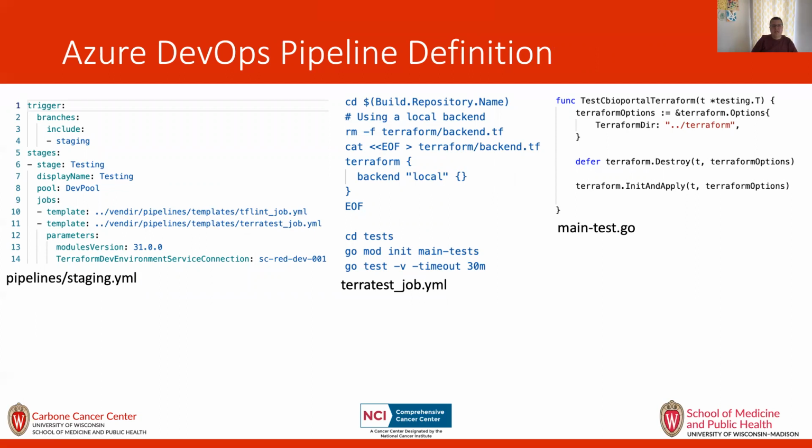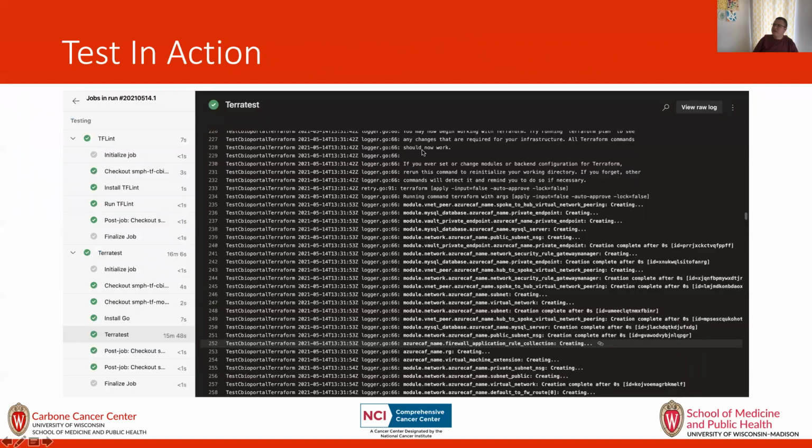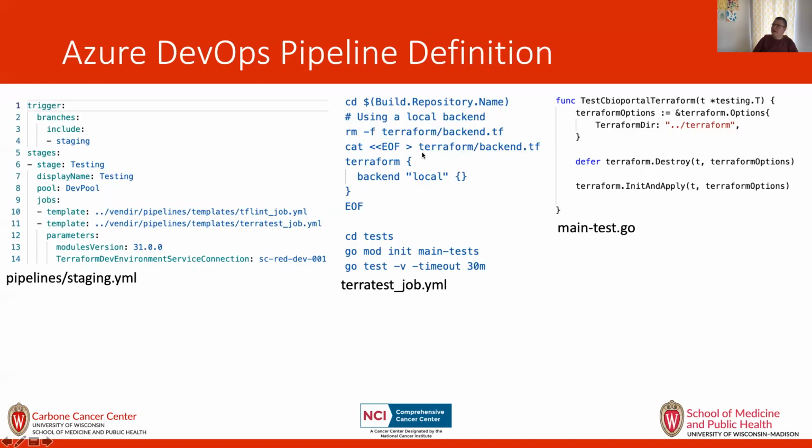If we look inside of our staging YAML file, here we're telling it to run the TF-lint and the TerraTest job. And if I drill down a little bit deeper into the TerraTest job, I can see that I am deleting the remote backend and creating a local one temporarily because I don't want these changes to be permanent.